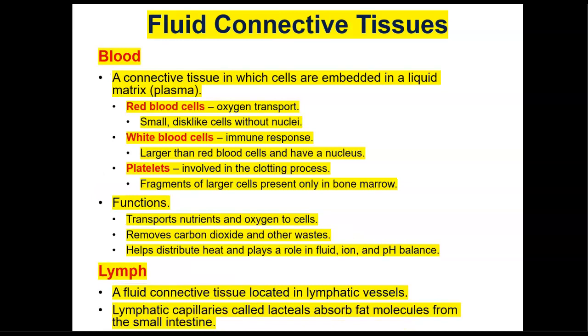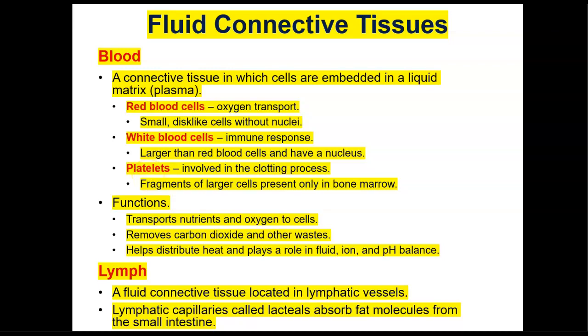Then we have fluid connective tissue, which is blood and lymph. You do not have the fibers in fluid connective tissue, but you do have the matrix, and the matrix is the fluid part. You have cells that are surrounded by a fluid. So in blood, the red blood cells, white blood cells, and platelets are surrounded by plasma.